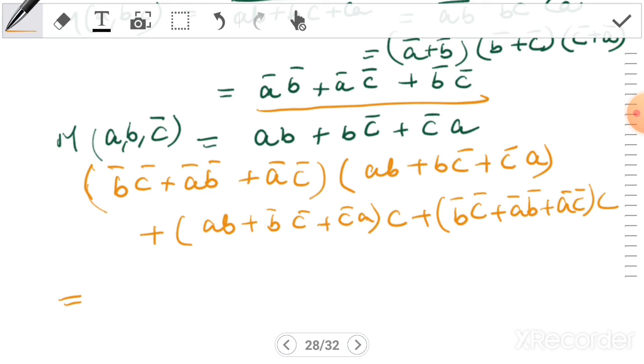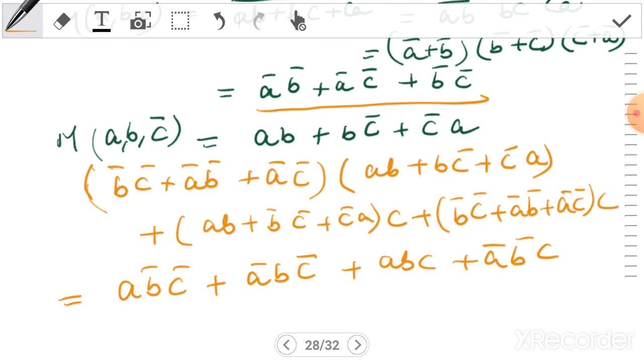After simplification, you will get A B complement C complement plus A complement B C complement plus A B C plus A complement B complement C.